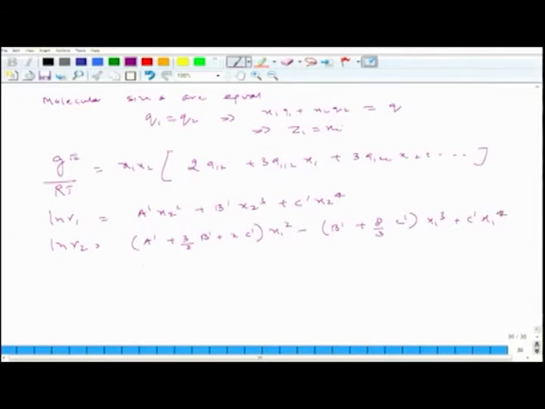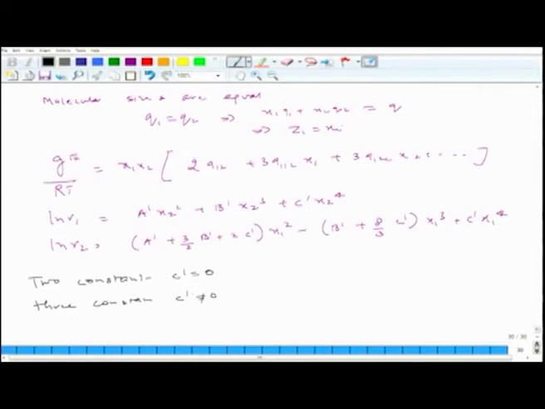So, this is the expression which comes up for binary mixtures where the molecular sizes are equal. From here, we should be able to get the Margules equation of 2 constants and 3 constants. For 2 constants, C dash is equal to 0. For 3 constants, C dash is not equal to 0.